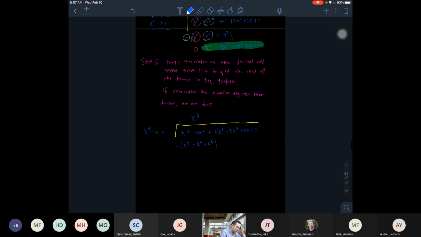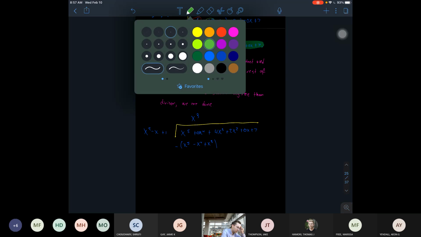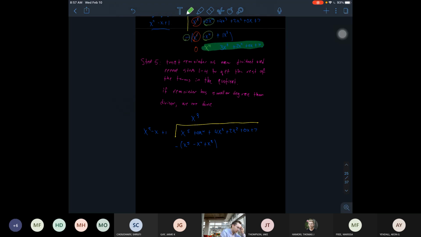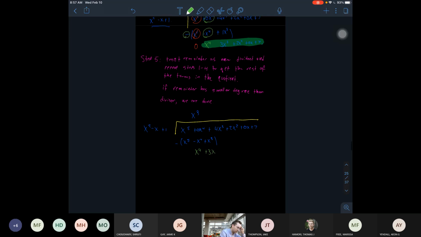And the end result was x to the 4th plus 3x cubed plus 2x squared plus 0x plus 7.